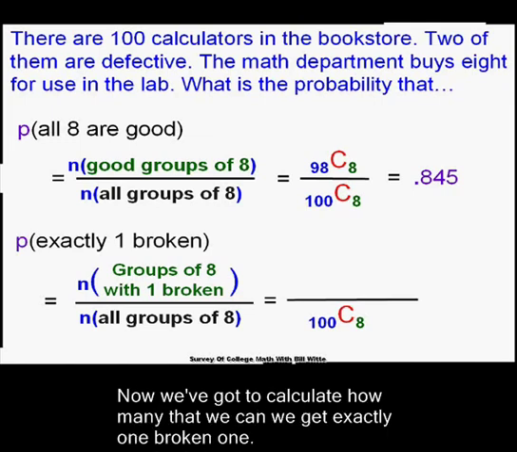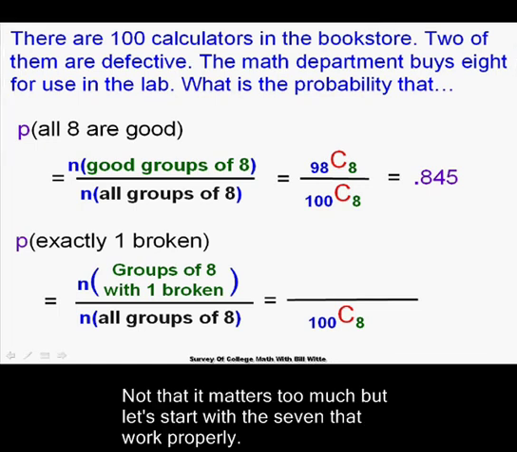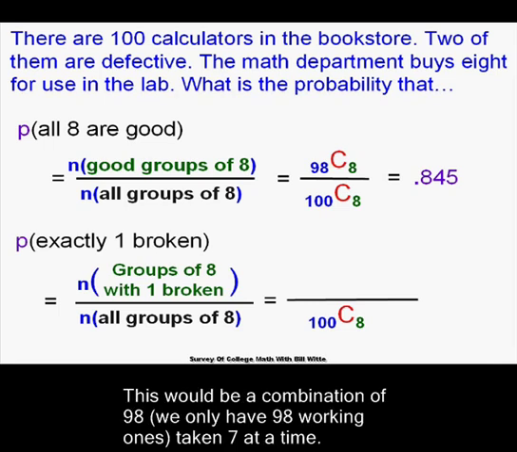Now we've got to calculate how many ways we can get 1 broken out of the 8. Let's start with the 7 ones that work. That's going to be a combination of 98, since we only have 98 working ones, taken 7 at a time.